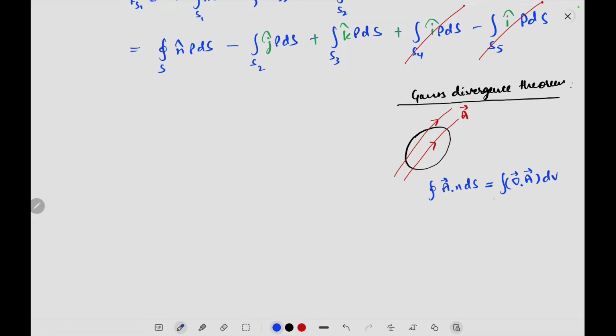Okay, so this is the statement of the divergence theorem.